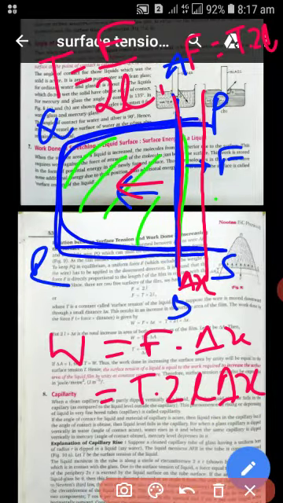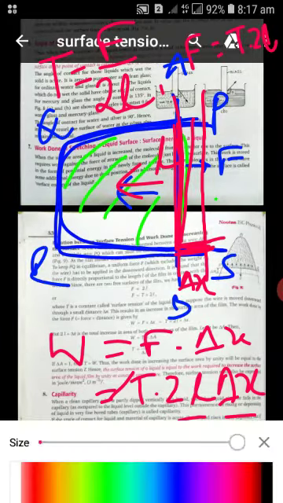Now you tell me, why 2l? Because there are two surfaces, so surface tension into 2l into delta x. Now length into delta x, this is the length and this is delta x, that is the breadth, length into breadth means the change of area.